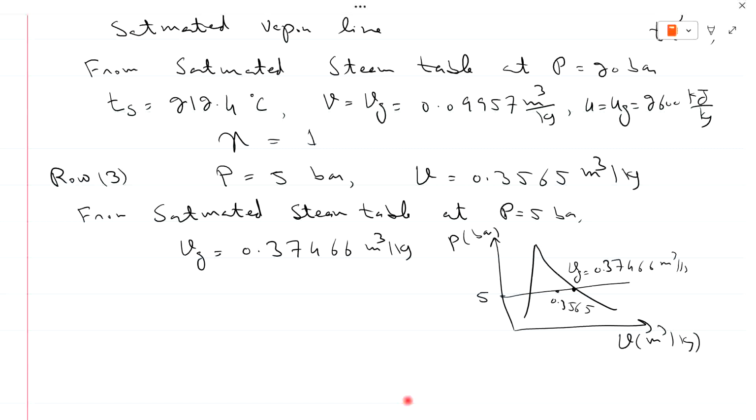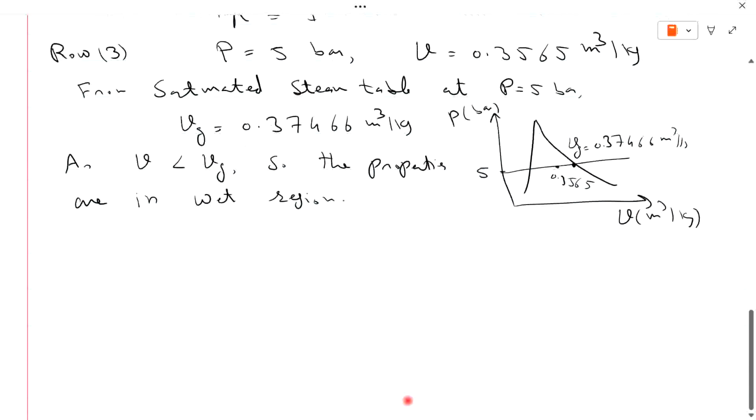As V is less than Vg, the properties are in the wet region. So we will use the saturated steam table.